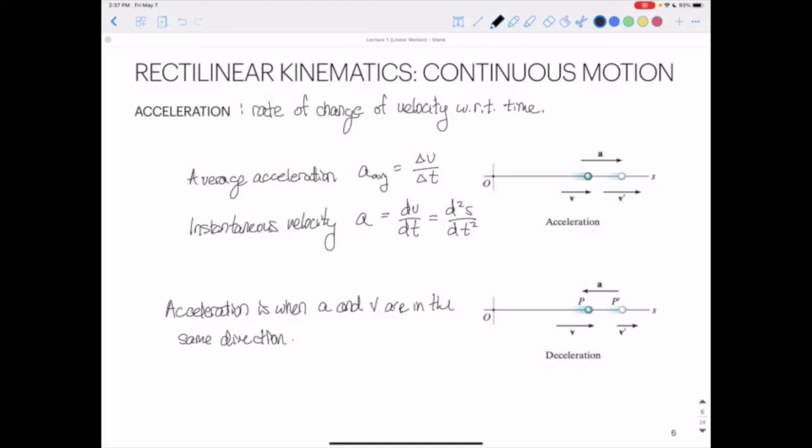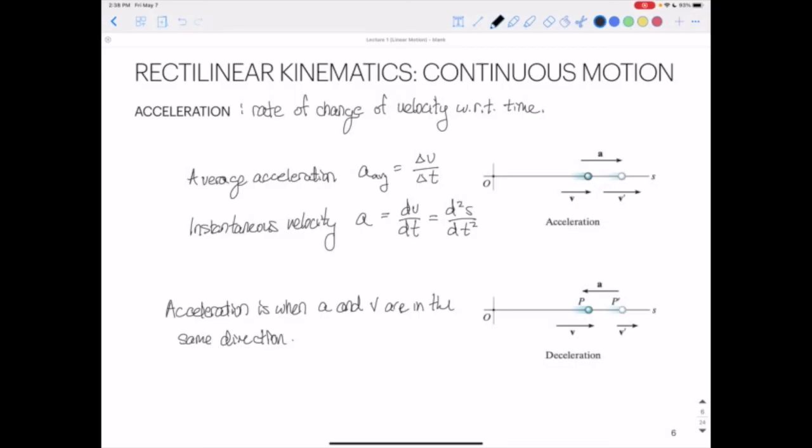The opposite case is when acceleration is acting in the opposite direction of the velocity. So we could call this negative acceleration, although it's probably not best to use negative acceleration because velocity could also be negative, in which case you have acceleration and velocity both moving in the negative direction, and you have acceleration. So if the velocity and acceleration are pointing in different directions, then you have deceleration, which means that the particle is getting slower.